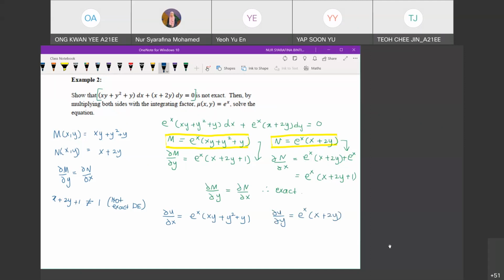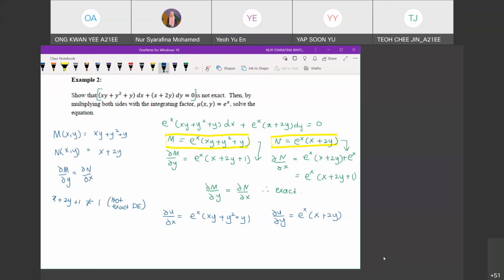So method 1 or method 2, which one do you want to use? Both are doable, but as you can see here, in method 1 you just choose which function you want to integrate, and for method 2, you integrate both and you compare. But for this case, are these two functions quite easy to integrate? Or you can just choose any function, integrate one and compare with the differentiation after that. Any idea?